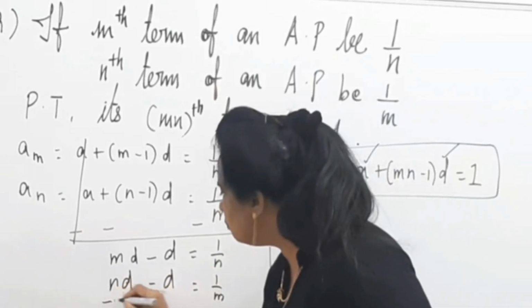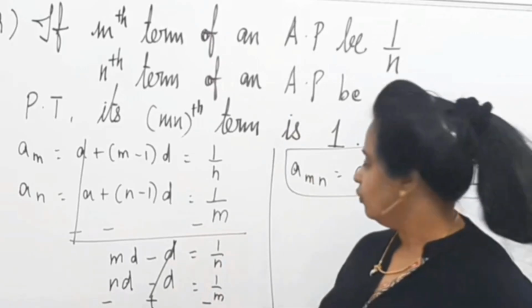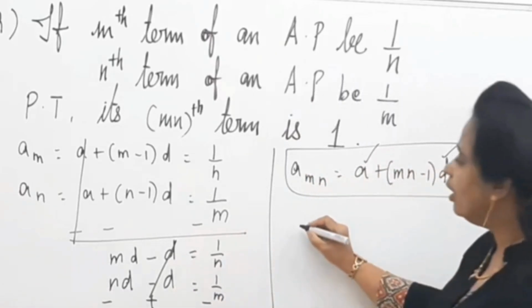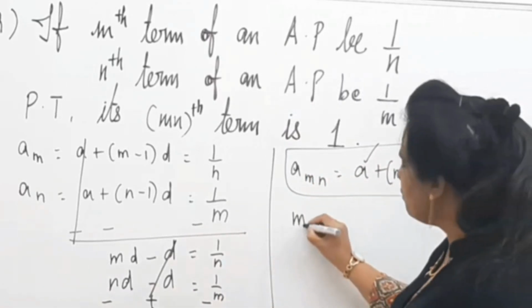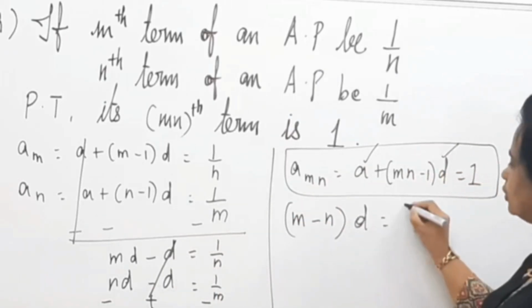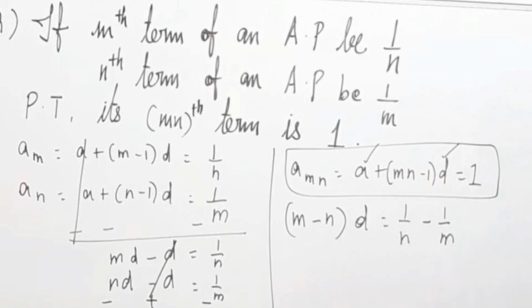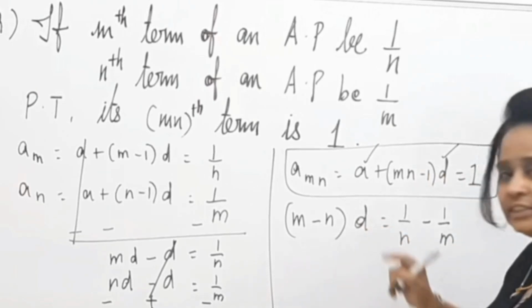Now this sign is changed, so again this gets cancelled. So I will have my equation: m minus n into d is equal to 1 by n minus 1 by m.